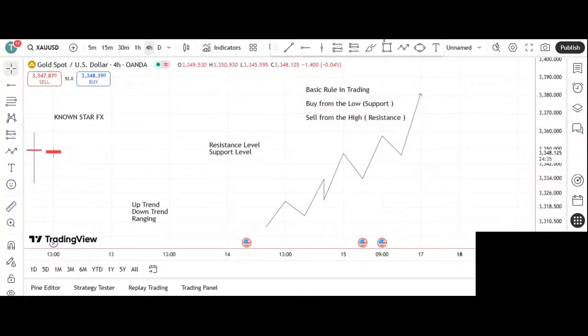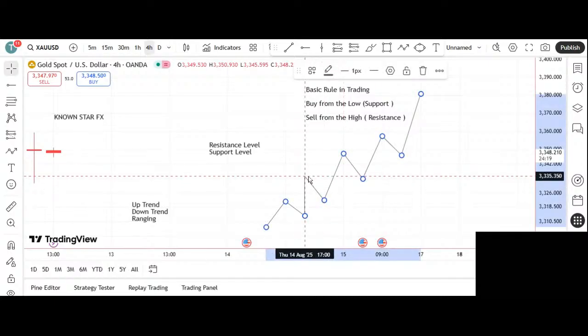All right, so in this chart that we have right here, where is the support and where is the resistance level? We are going to identify this together now. For those that joined late, that's why I have to redraw this again.